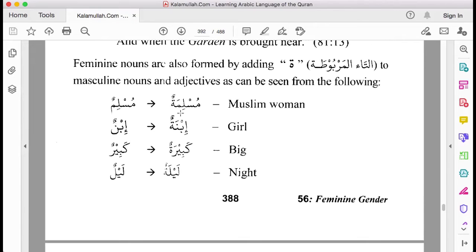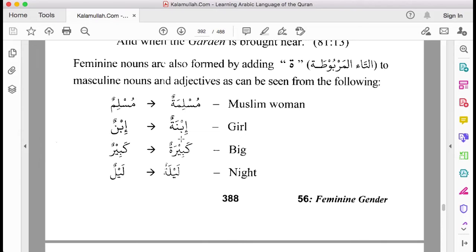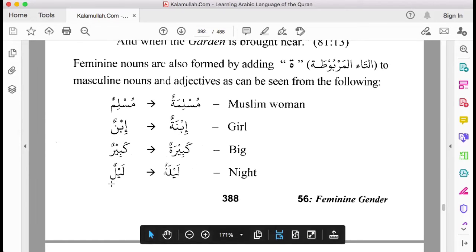Here, this is masculine, and there's a masculine version and a feminine version. Muslim, muslimun, muslimatun. Ibnun, ibnatun, girl. Kabirun, kabiratun. Laylun, laylatun.